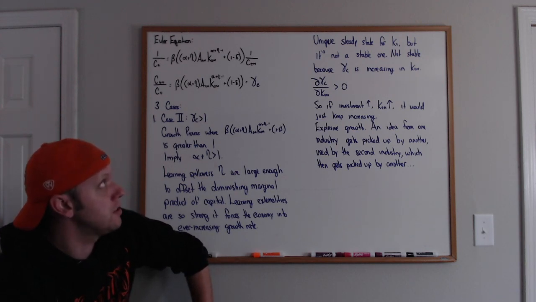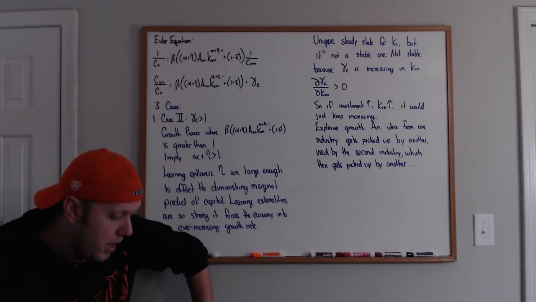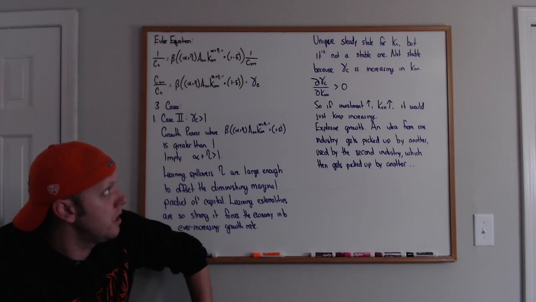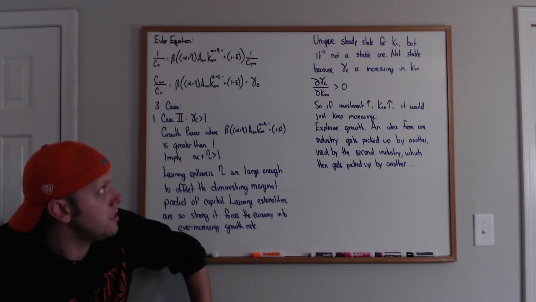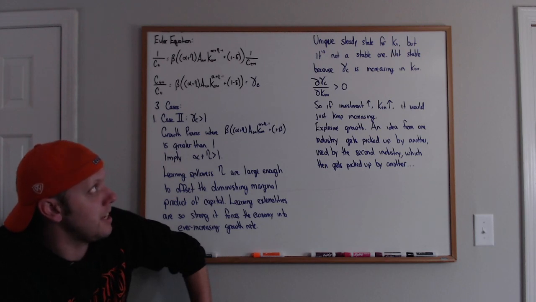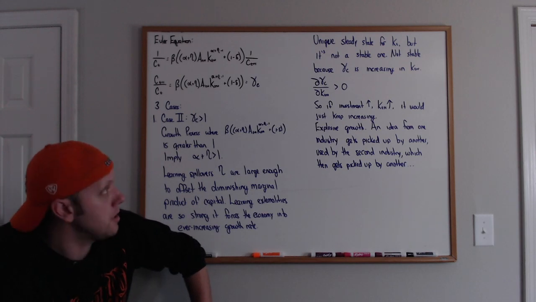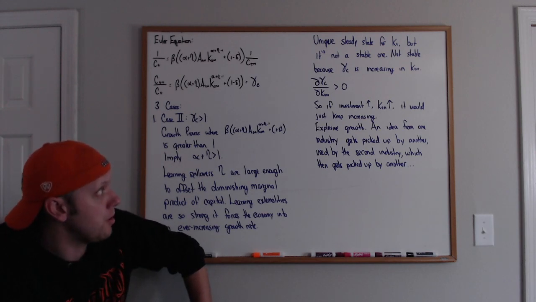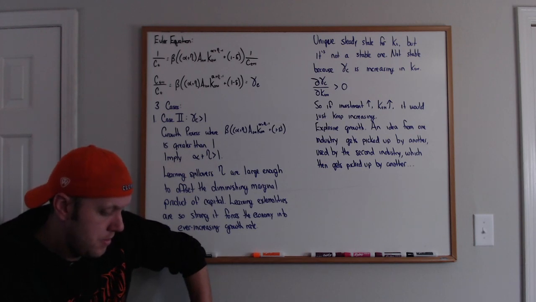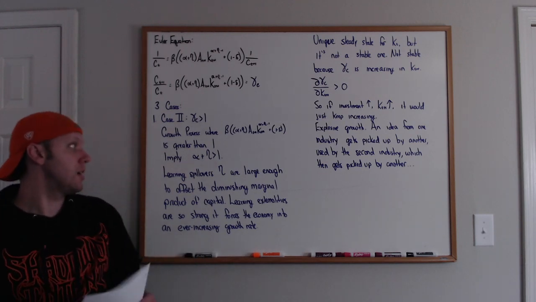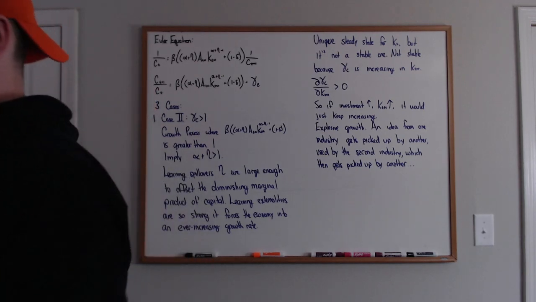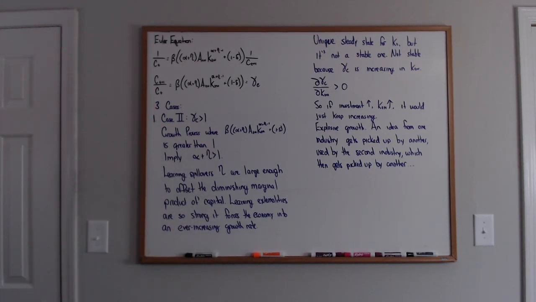So in this case, we don't have a stable, steady state for capital or output, because as soon as we begin investment, that steady state capital just keeps increasing. So it's not stable. It's not like a stationary value for capital, because we're going to keep investing, because the payoffs from investment will keep increasing. So that's the case where alpha plus eta is larger than 1.